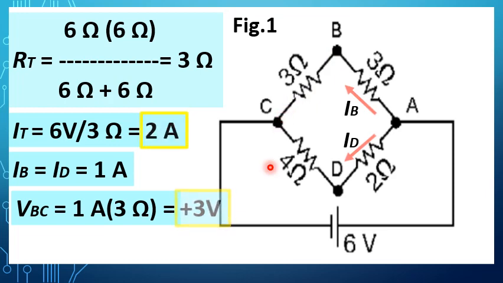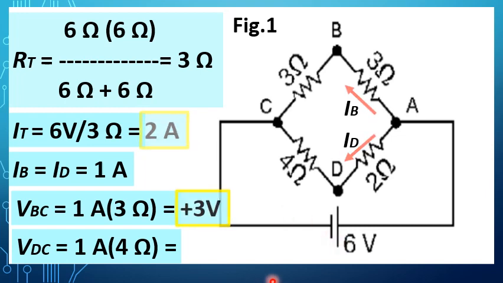And likewise, the potential at point D relative to point C is also the product of the current I sub D, which happens to be also equal to 1 ampere. So if you multiply that by the given resistance of 4 ohms, we also get as the value of V sub DC equal to positive 4 volts.